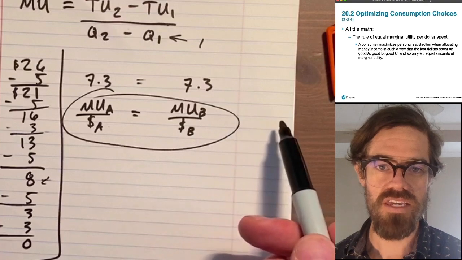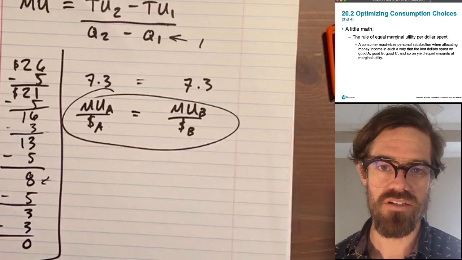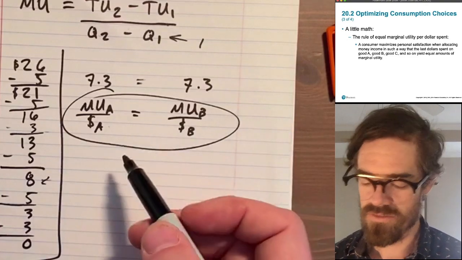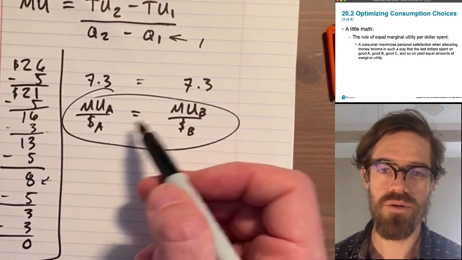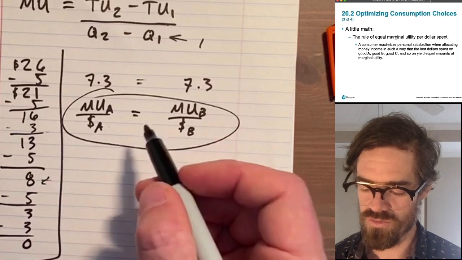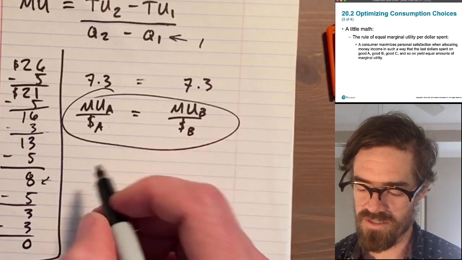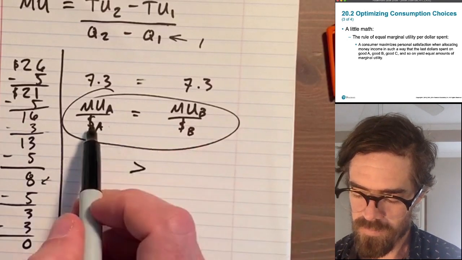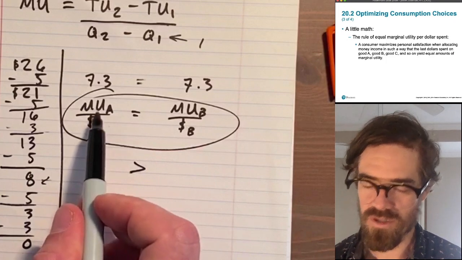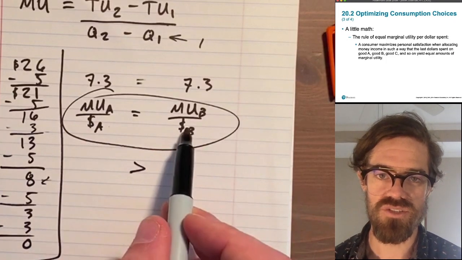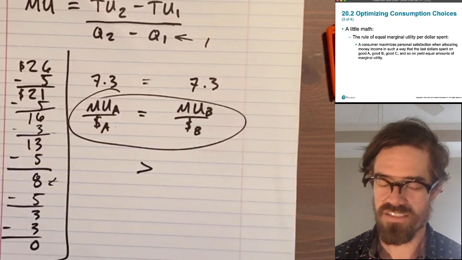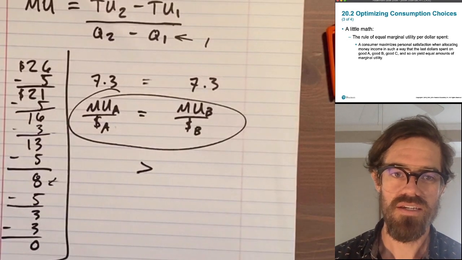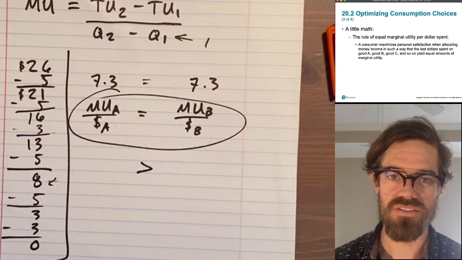So it equals MUC per dollar spent on C, etc. So let's think about what it would mean if this wasn't true. One alternative is that MUA, the marginal utility per dollar spent on A, is greater than the marginal utility per dollar spent on B. Now, if that's the case, well, we already saw this. It means that the consumer should buy more of good A and less of good B.